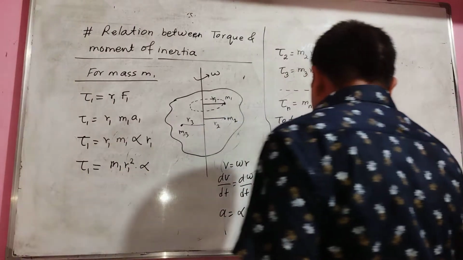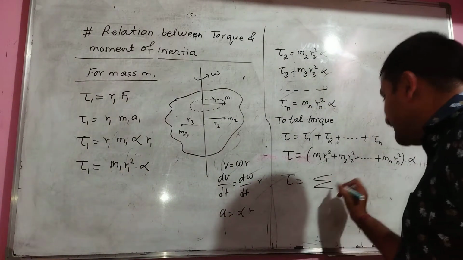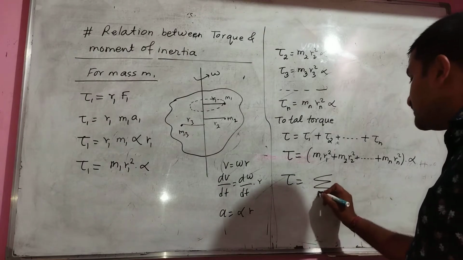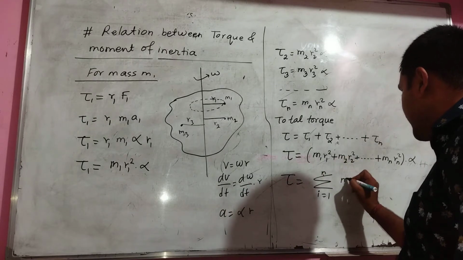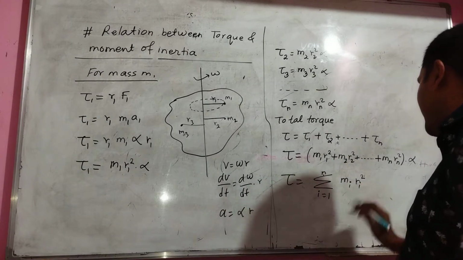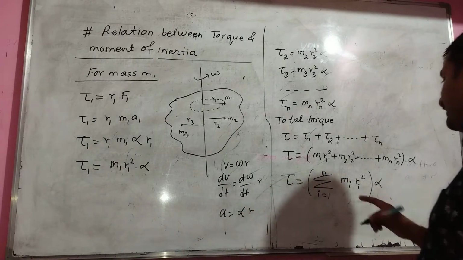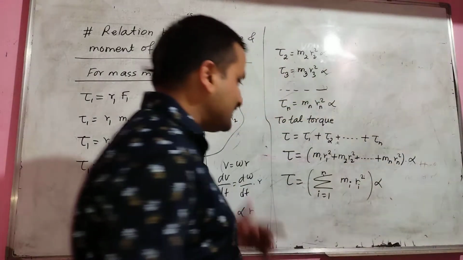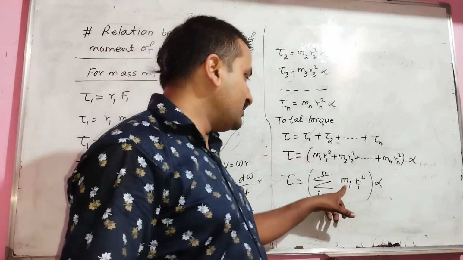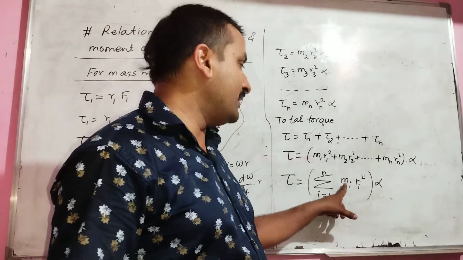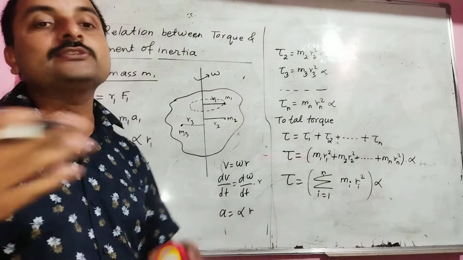So tau is equal to, in the form of a summation, where i ranges from 1 to n, mi ri square times alpha. For example, if we vary the value of i, first we write i equal to 1, m1 r1 square, then m2 r2 square, m3 r3 square, and so on.